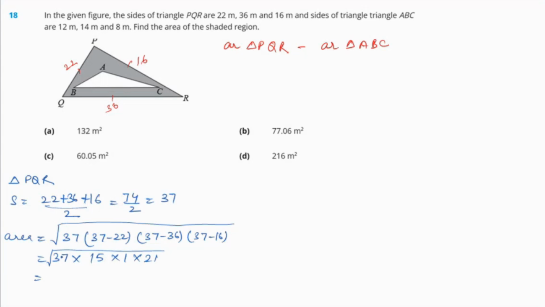Okay, so this 37, we can write it as 37 only. Since it is a prime number, 15 we can write as 3 times 5, and 21 we can write as 5 times 7.